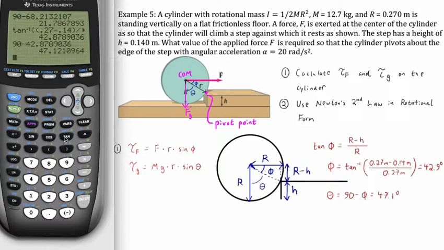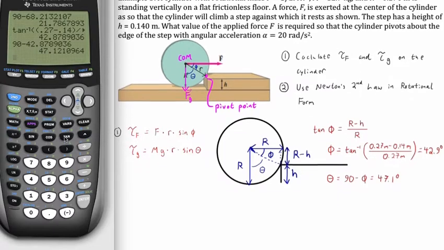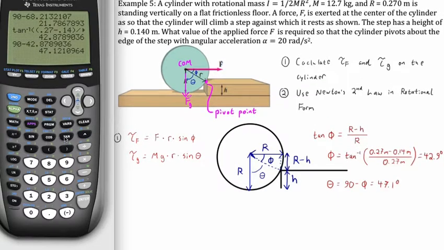So definitely we can calculate our torques now. I won't show the values in this step; they weren't asked for. Let's move on to step 2, actually solving for F. How do we use this information about the two torques? We use Newton's second law in rotational form, which tells us net torque equals I alpha.